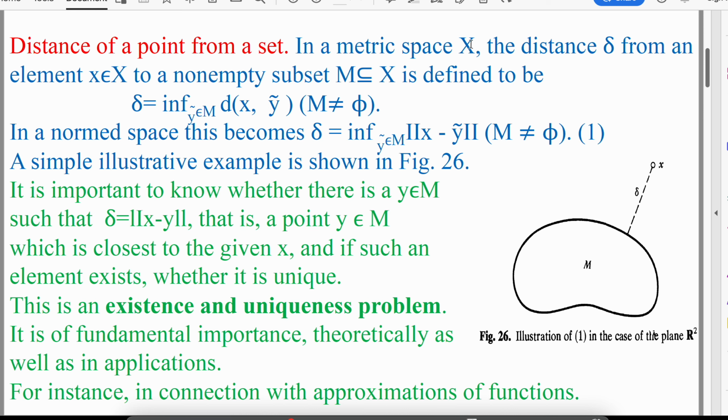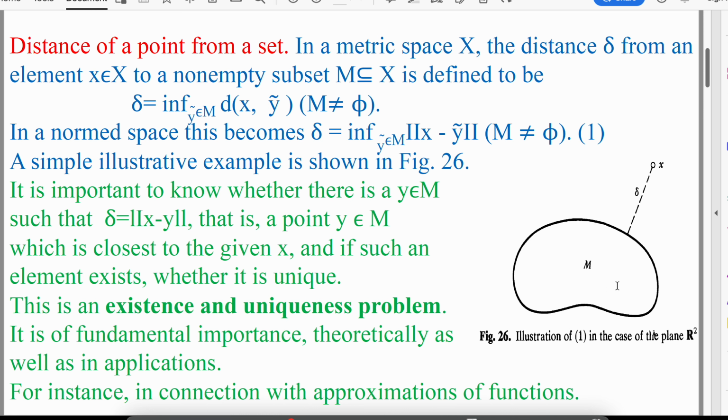Suppose we are given a metric space X. Then the distance delta from an element x belonging to X to a non-empty subset M of X is defined to be the infimum of all the distances of this point x to the points y bar belonging to M. So first we calculate the distance of x from all the points on this set, and then we find the infimum of these distances.